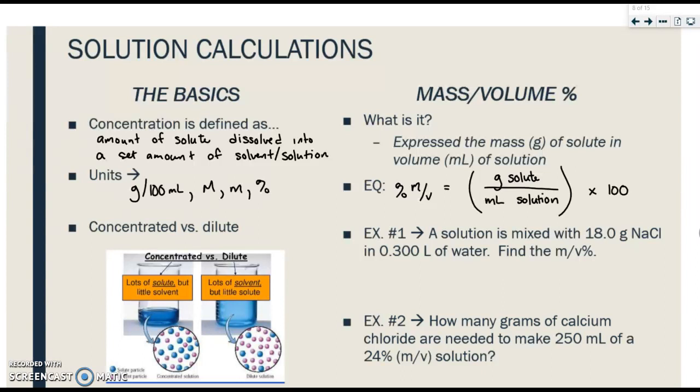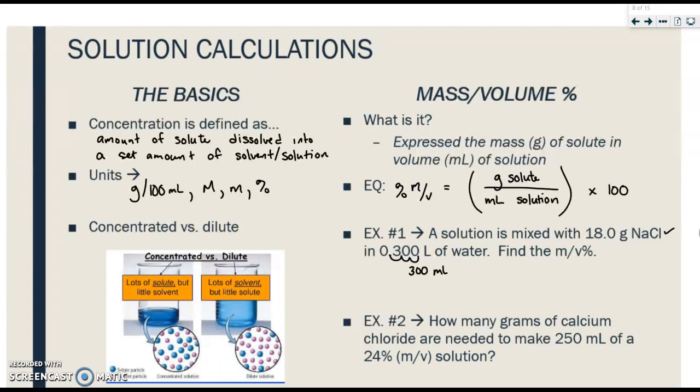So for the first example, it says a solution is mixed with 18 grams of NaCl and 0.3 liters of water. Find the mass volume percent. So we have our grams of solute right here, that's the 18, but we were provided with liters of water, so we need to convert that. There are 1,000 milliliters in a liter, so we end up moving our decimal 3 spaces to the right, and it becomes 300 milliliters.